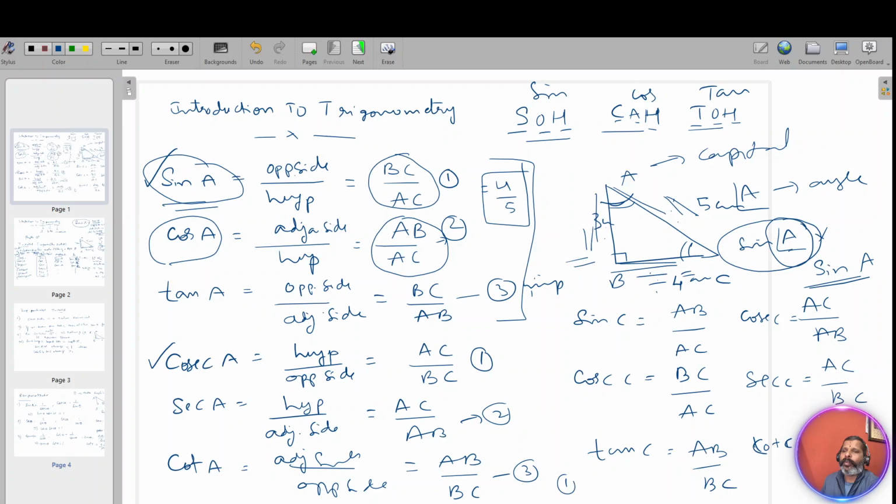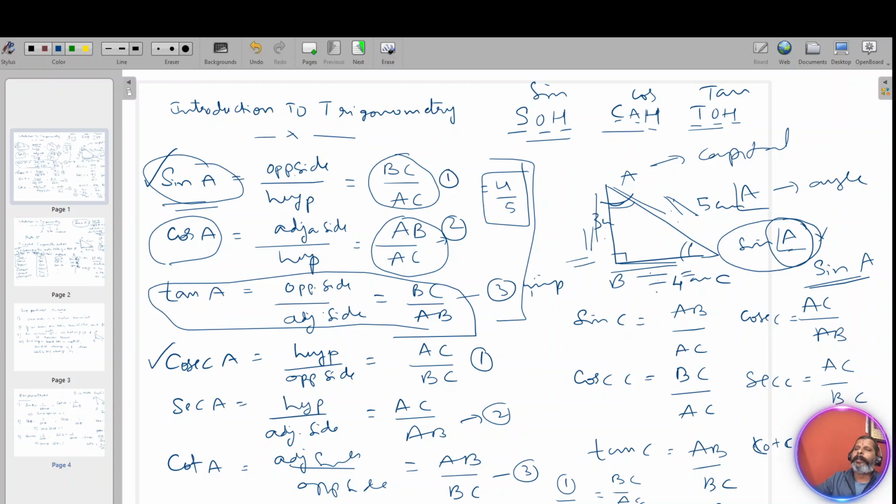What if I do 1 by 2? That is a ratio of 1 and 2, which comes BC by AC whole divided by AB by AC. AC cancels, we get BC by AB. What is BC by AB? Can you make out from all 6 ratios listed here? BC by AB is the tan theta.